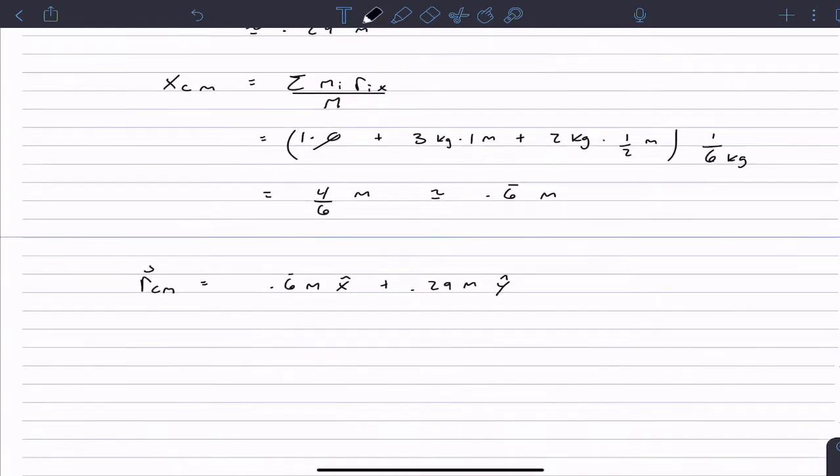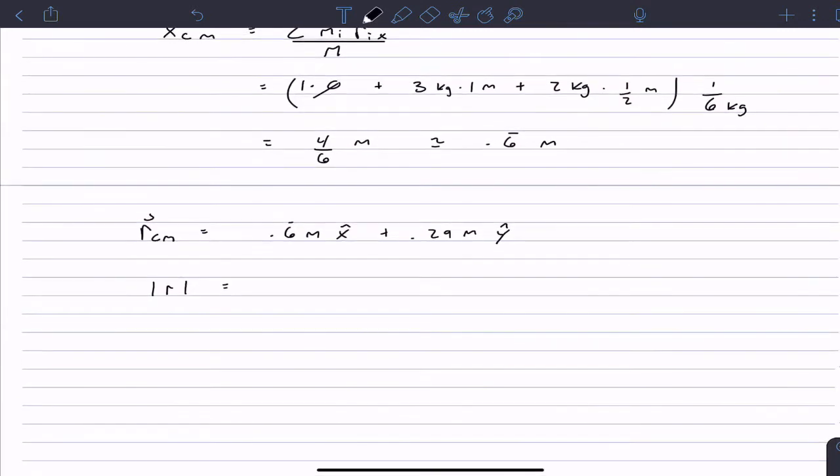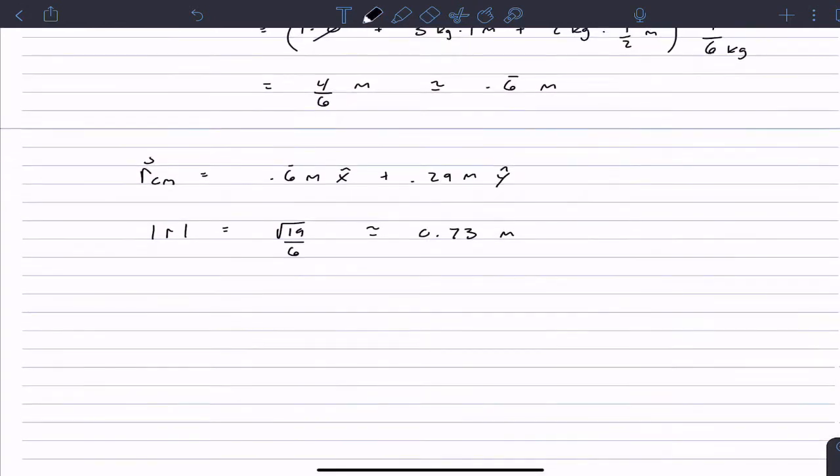You can also find the magnitude, which is something I have done, and that turns out to be about square root of 19 over 6. There's more to it than that. I'm just skipping a couple steps to save time, and this gives you a value of about 0.73 meters. That's just the magnitude of the center of mass.